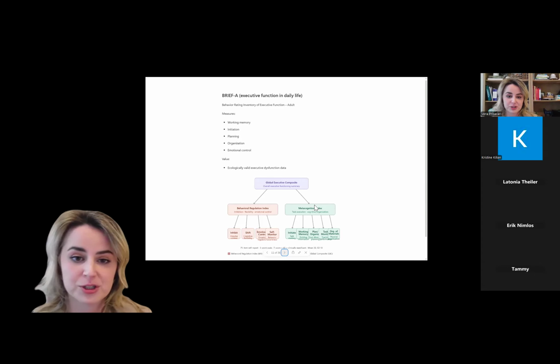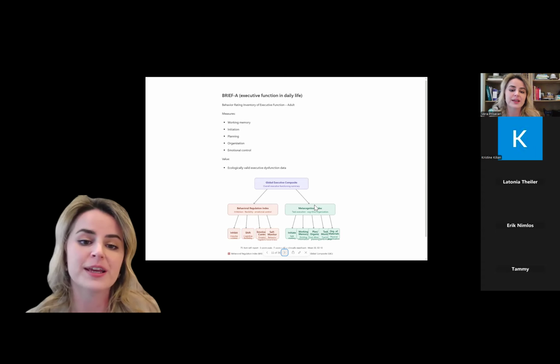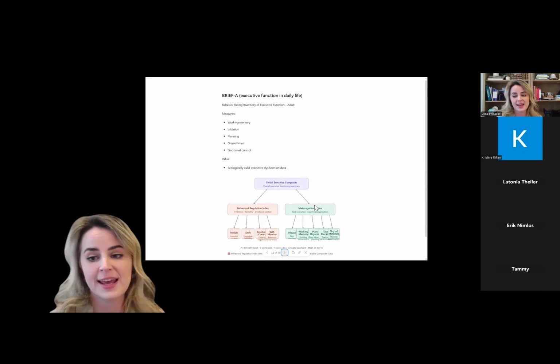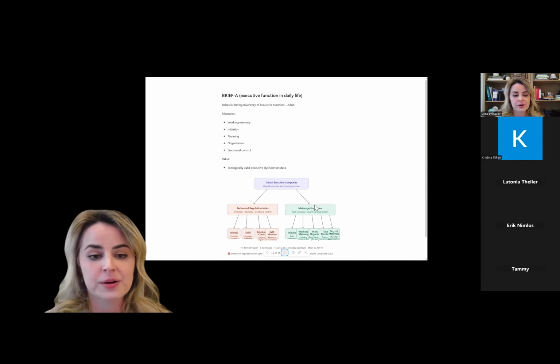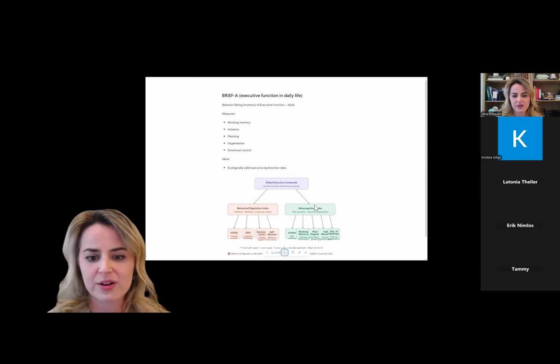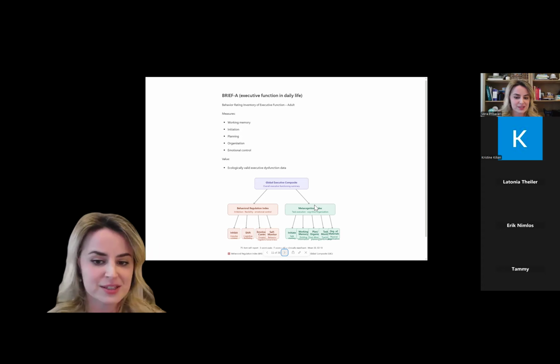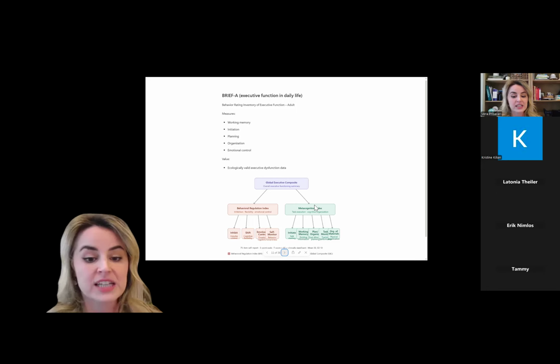Something that is for functional impairment is BRIEF-A. Now, this one stands for Behavioral Rating Inventory of Executive Function, and A stands for adult. This one does measure working memory, initiation, planning, organization, emotional control. Very, very detailed. As you can tell, even the diagram there seems overwhelming because of all of the aspects of ADHD that it measures.